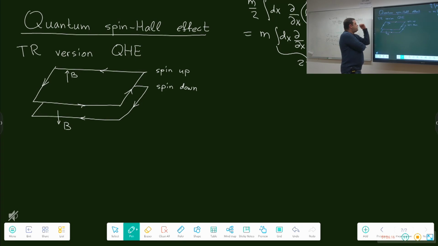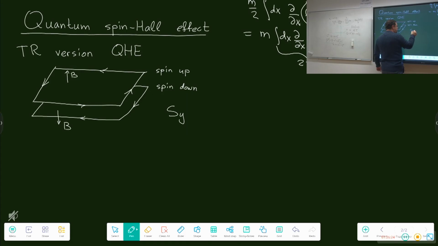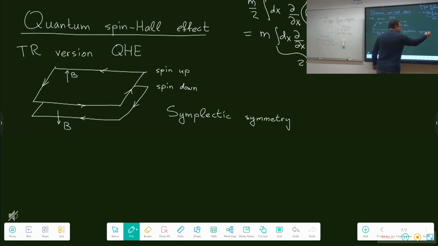the time reversal version of quantum Hall effect is actually some system of symplectic symmetry with strong spin-orbit coupling, with the Hamiltonian which has time reversal symmetry like this, sigma y.